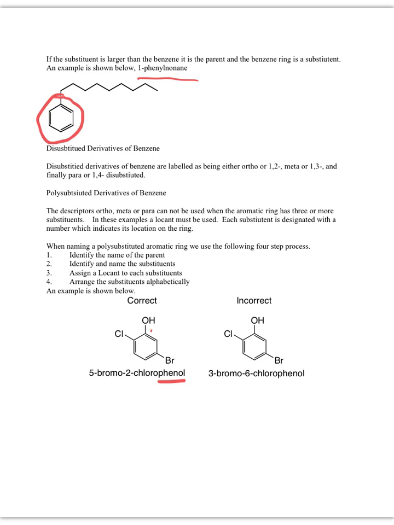So then do we go 1, 2, 3, 4, 5, or 1, 2, 3, 4, whoops, can't count, 1, 3, 4, 5, 6. We know we want the lowest possible number, so it needs to be a 5-bromo-2-chloro-phenol, because we go to the chlorine first and then the bromine, so we get the lowest possible numbers.